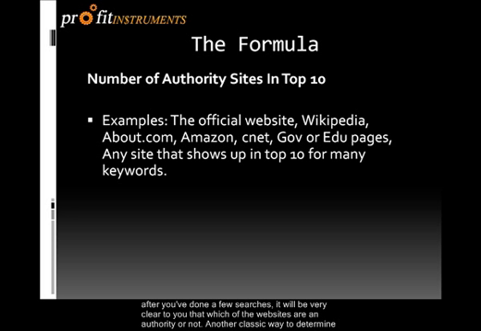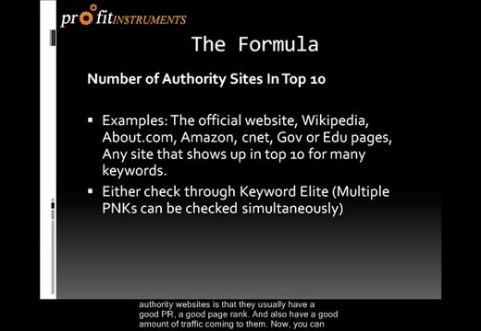Another classic way to determine authority websites is that they usually have a good page rank and also have a good amount of traffic coming to them. You can also check through Keyword Elite, and you can check multiple product name keywords simultaneously.